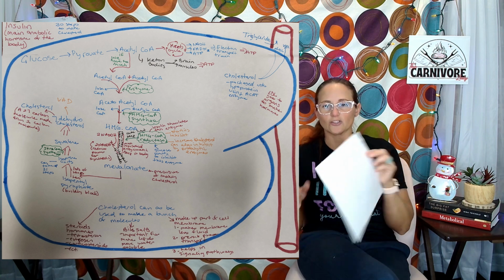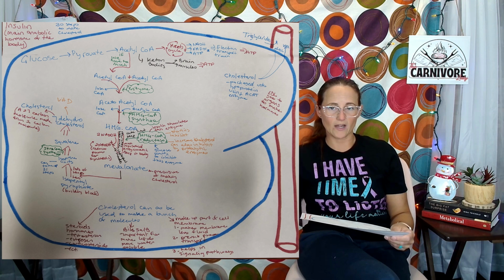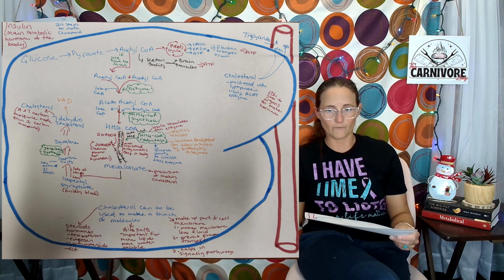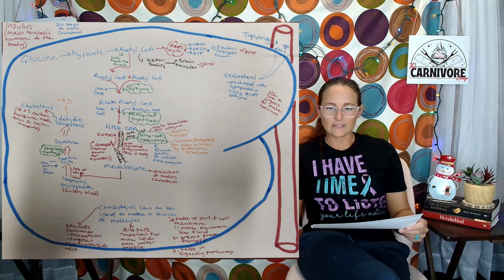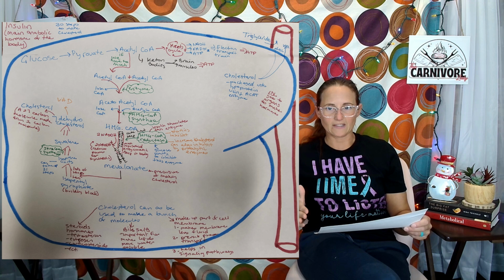And triglycerides also come into play. I'm going to do a video on how those are made in your body as well, and where they come from and all that. But so that's basically the process of how your body makes cholesterol.